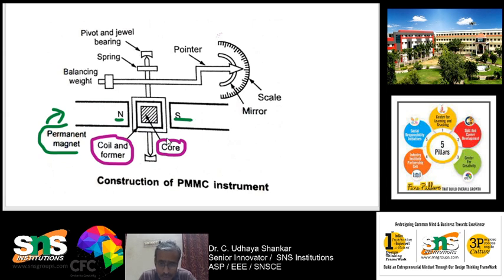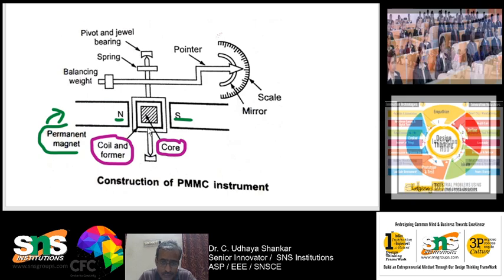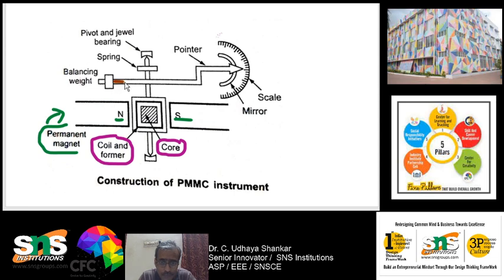This particular core, this coil and this aluminum frame, everything is placed inside the magnet, and the core and everything is placed on a spindle, okay. This is a vertical thing which is going to carry it, and you can see that the pointer is horizontal, okay. So this is your pointer, I am just marking it in brown color.